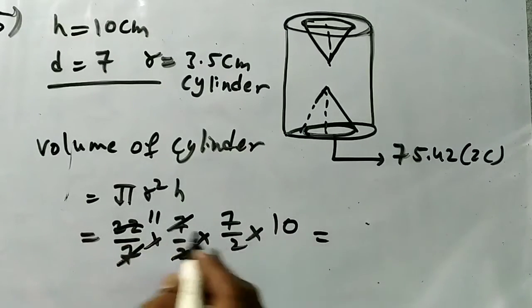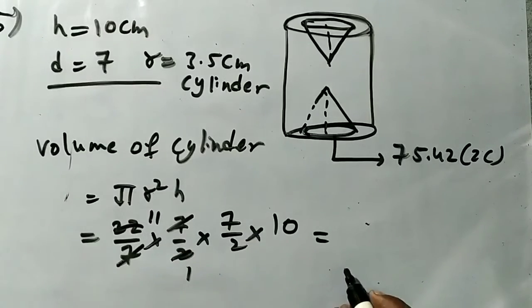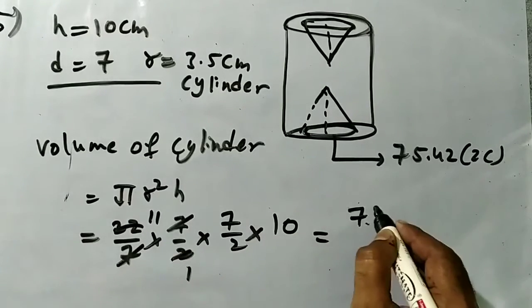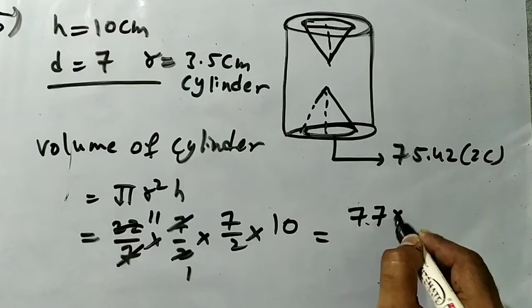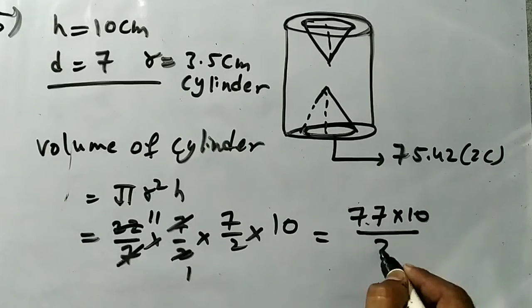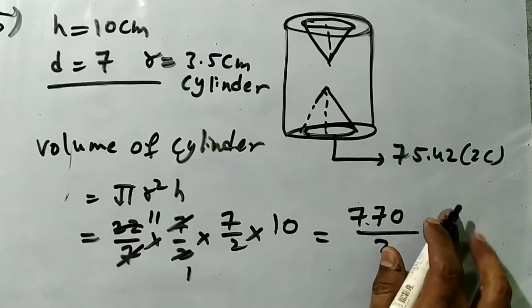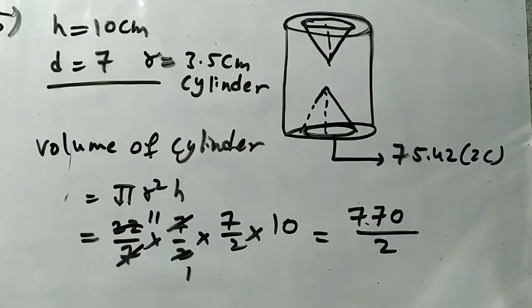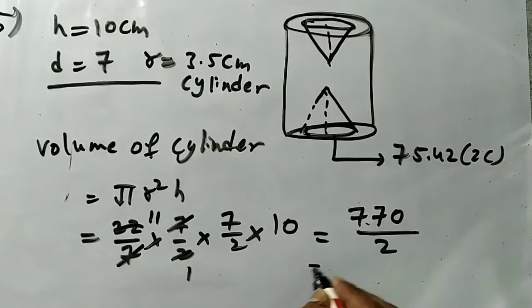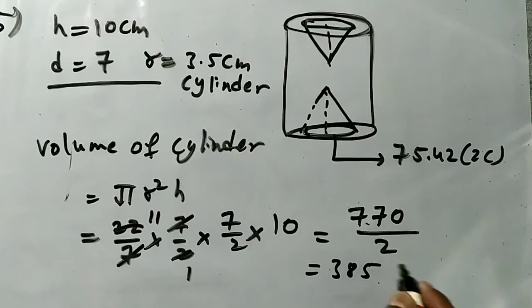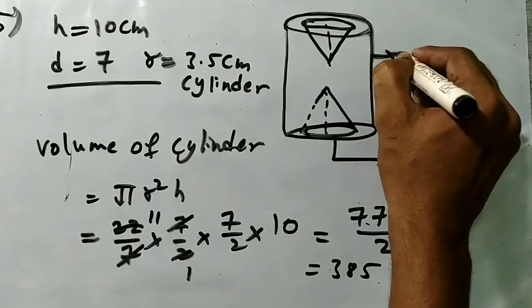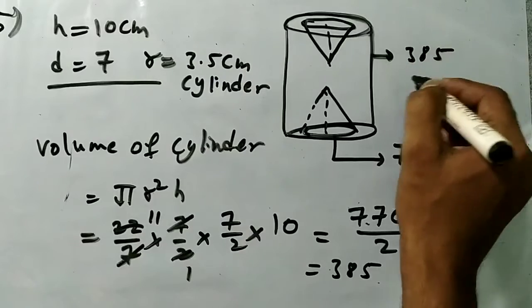So here 77 into 10 by 2. This can be written as 770 by 2. So we get 385, that is the cylinder volume.